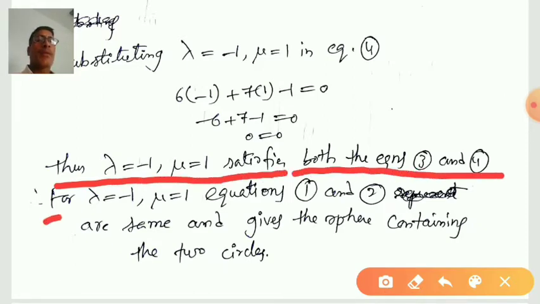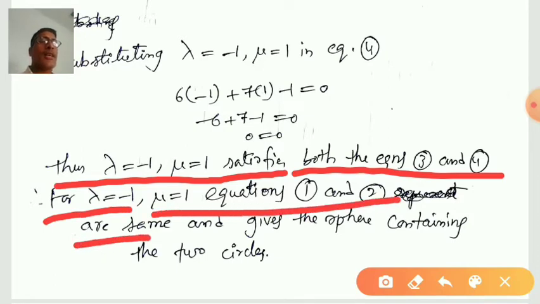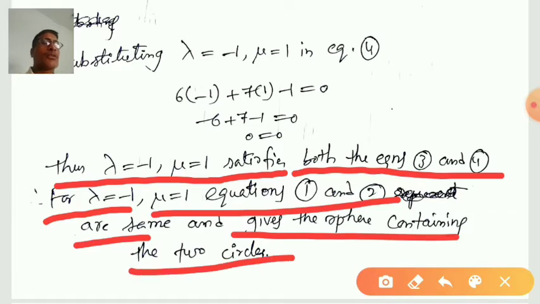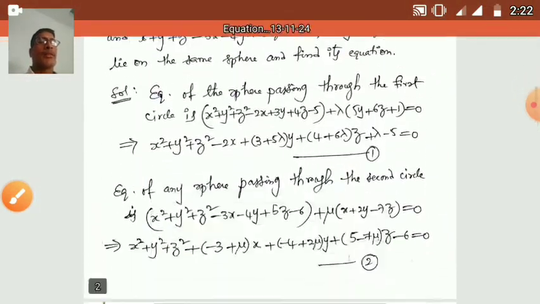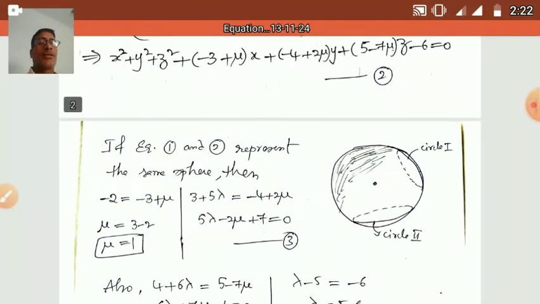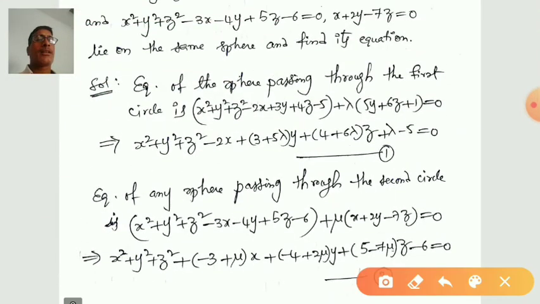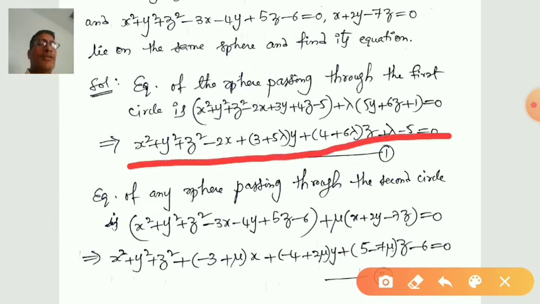For lambda is equal to minus 1 and mu is equal to 1, equations 1 and 2 are the same and give the sphere containing the two circles. So here we can say that by substituting lambda is equal to minus 1 in this, you will get one equation. By substituting mu is equal to 1 in this, you will get another equation.